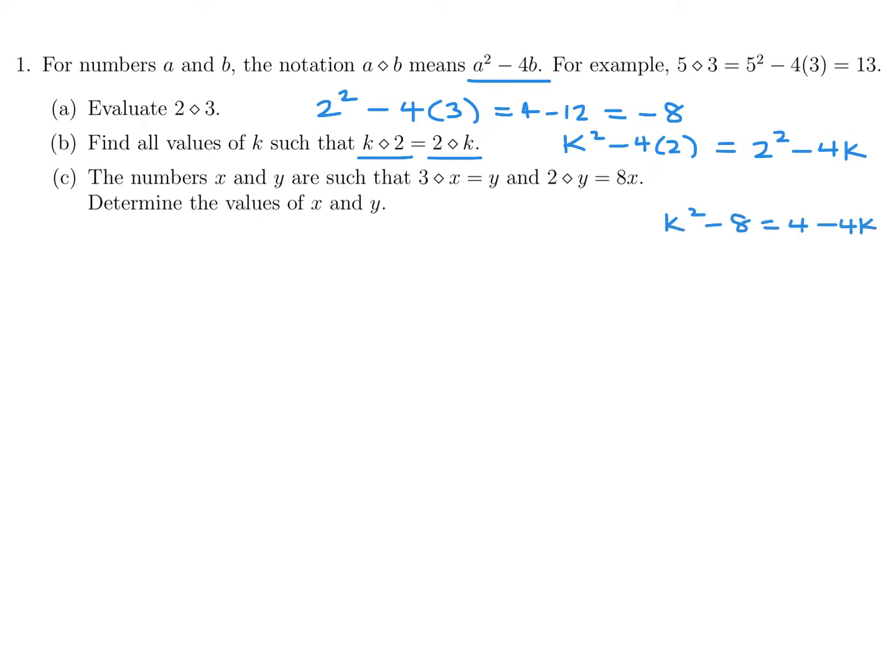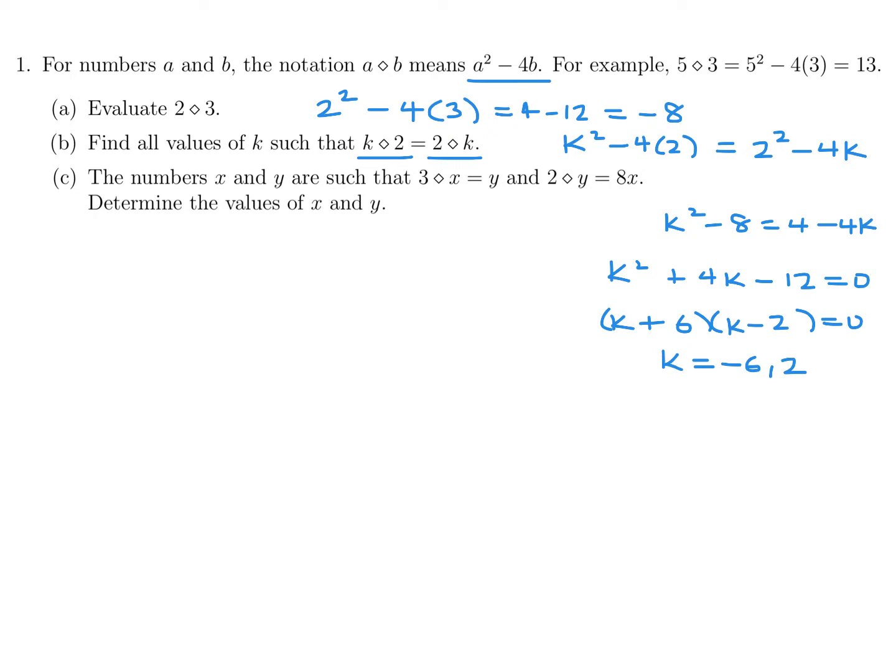Let's put everything on one side, and we get k squared plus 4k minus 12 is equal to 0. I'm pretty sure this factors really nicely. K, 6, 2, plus minus? Yeah. So that means k is either negative 6 or positive 2.